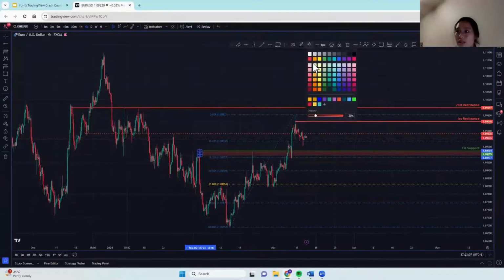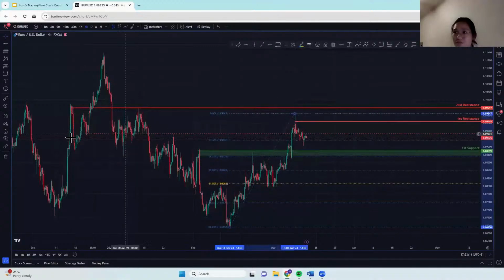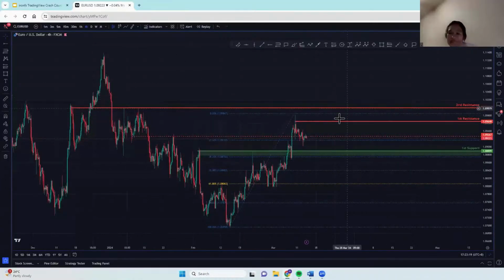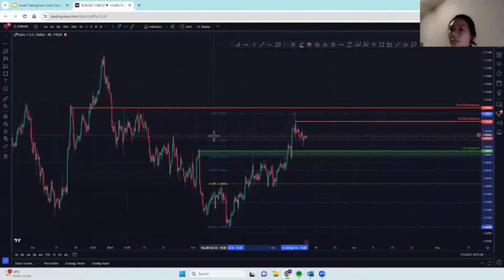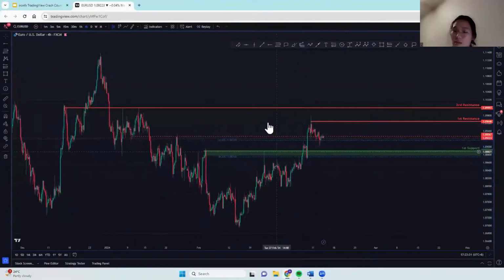So as long as they are kind of near that area, that's good enough. So I'm just going to keep the 23.6 and 38.2 so that my charts are clean and clear for me to add more Fibonacci levels.